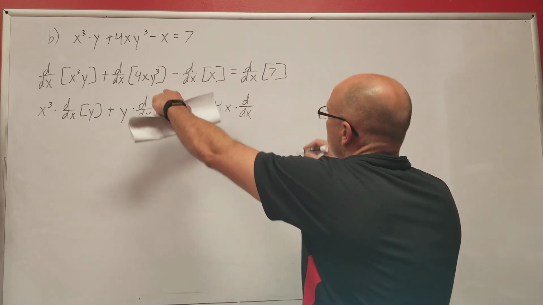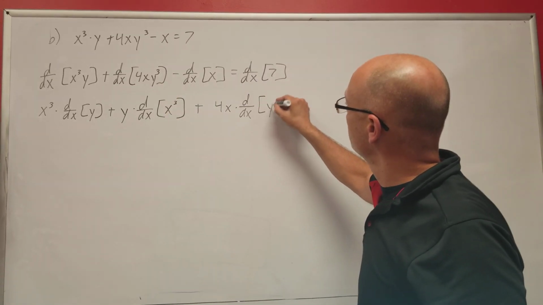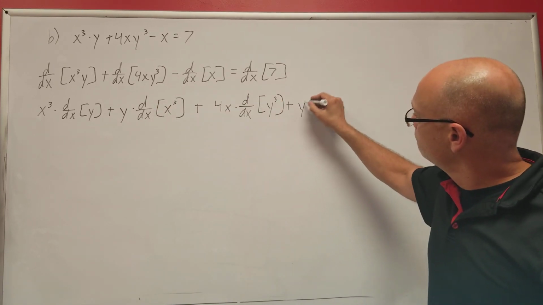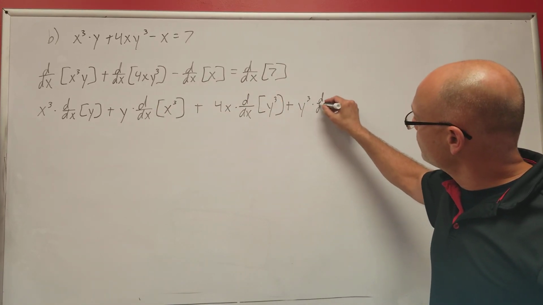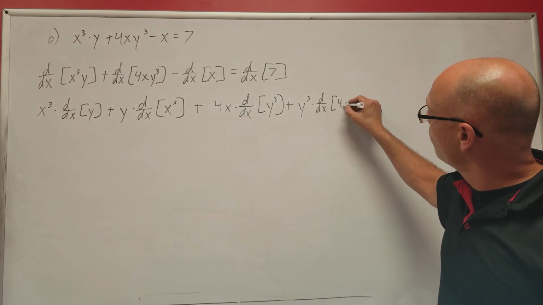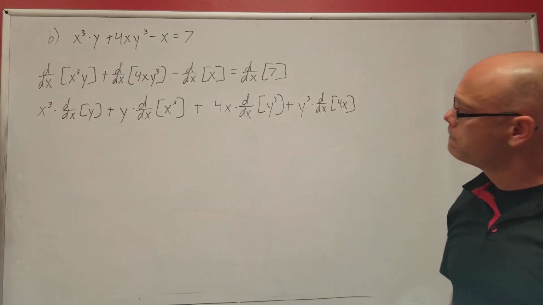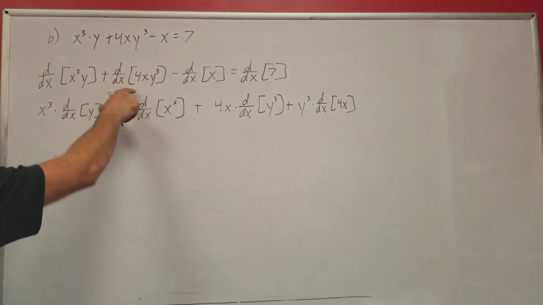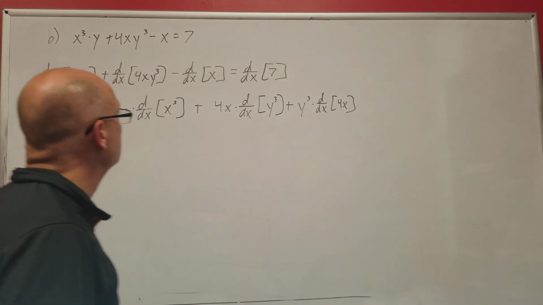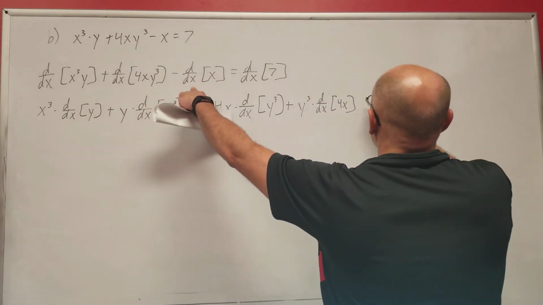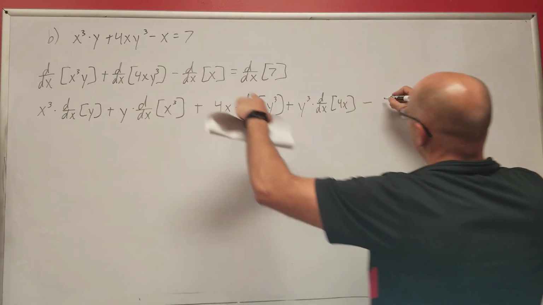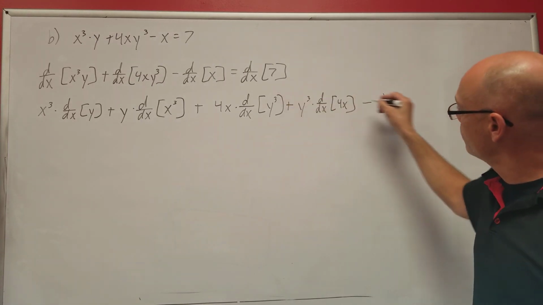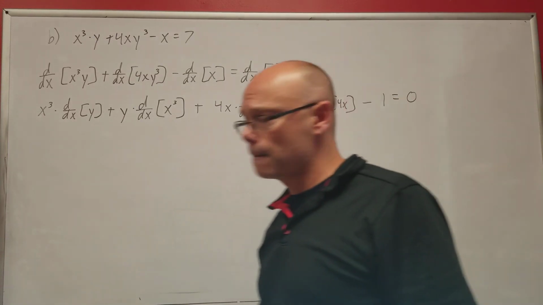The second is y cubed, plus the second, which is y cubed again, times the derivative of the first, the derivative of 4x. This part right here is the same as that part expanded. Now we're right here, minus. What's the derivative with respect to x of x? Just 1 is equal to derivative of 7 is 0.